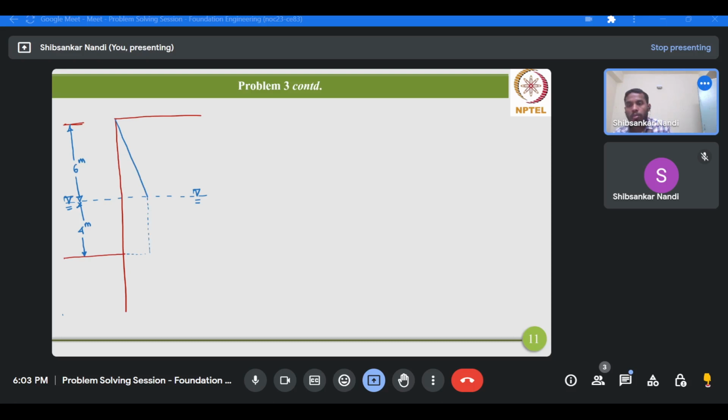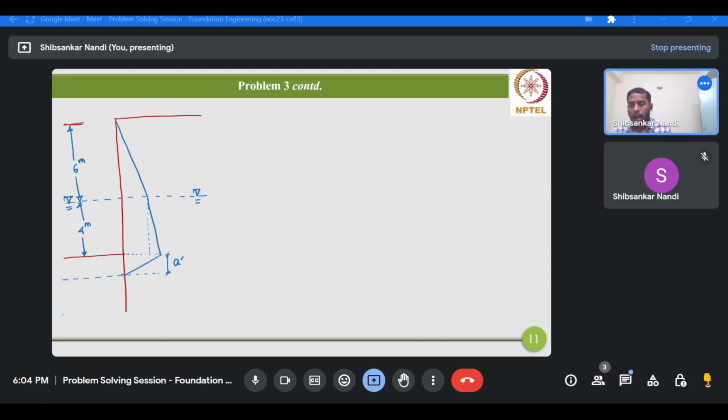This will be 0 to some value at the water table, then it will vary in this fashion, and then the net earth pressure becomes 0 at a depth of A prime.